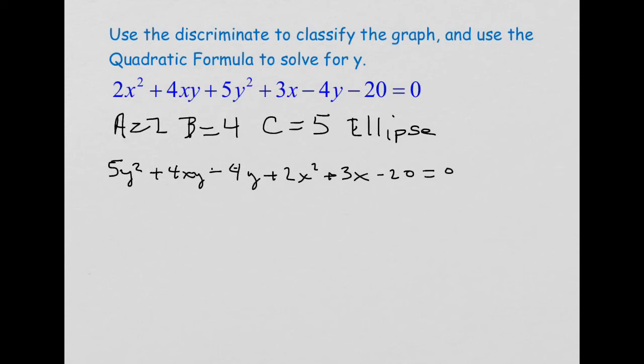Okay, first I need to simplify it, so that's going to be 5y squared plus (4x minus 4)y plus 2x squared plus 3x minus 20 equals 0.